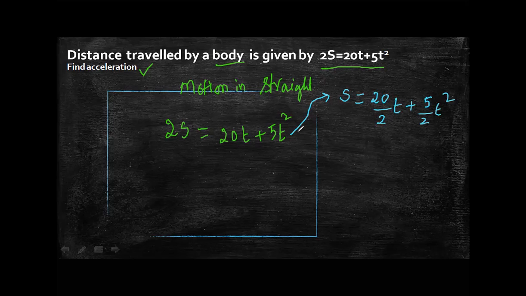I am keeping only distance or displacement on one side and bringing the constant terms to the other side. So if I cancel this, this is going to be 10, and this is 2.5, right? 5 by 2 how much?